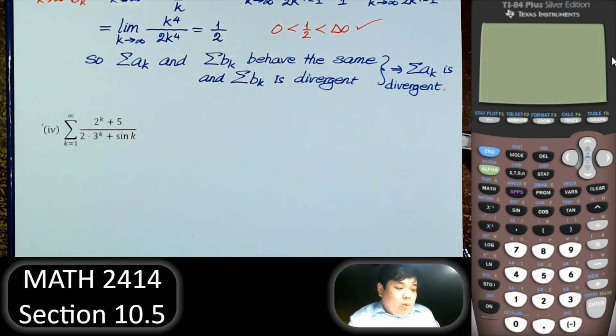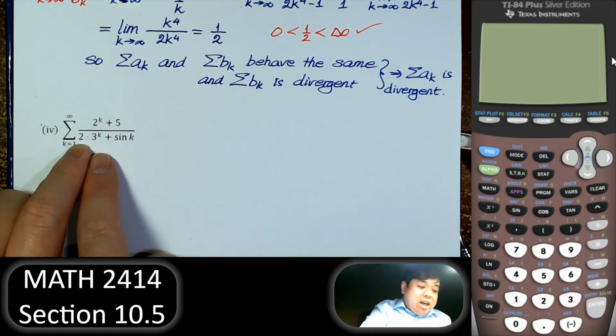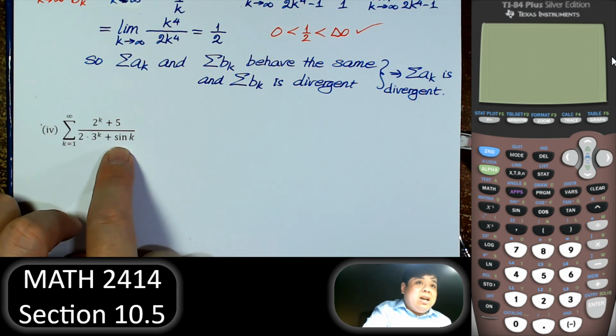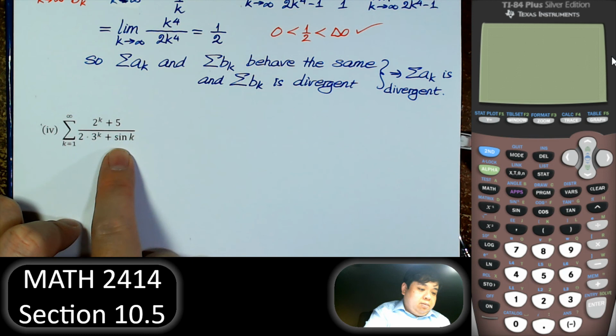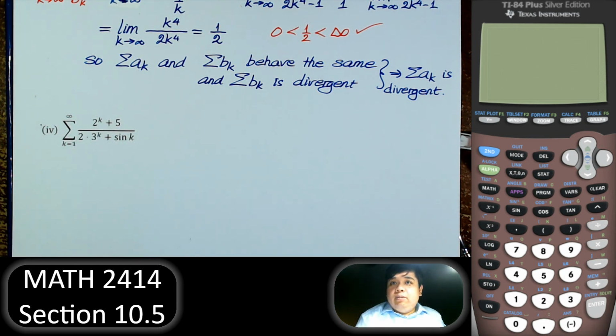By the way, the reason I have the 2 here and the 3 here, because when k equals 1, I put 1 and 1 here, we start with 6. Sine k, sine of 1, it's not 1 degree, it is 1 radian. Alright, so it's positive.